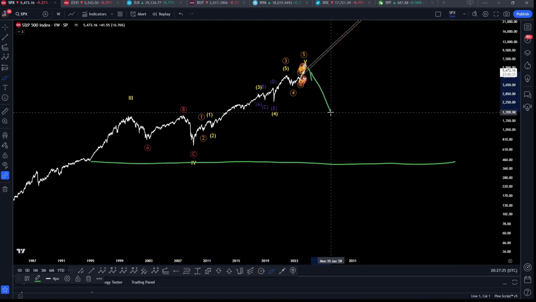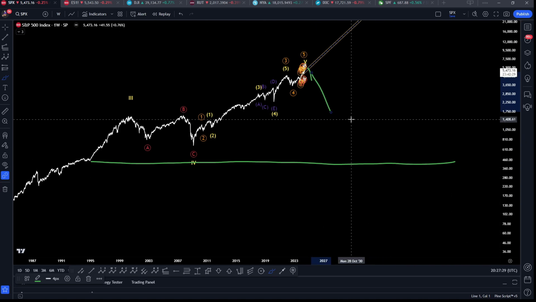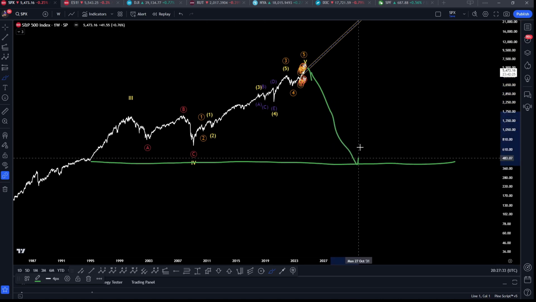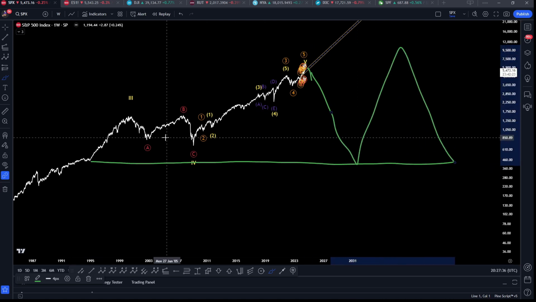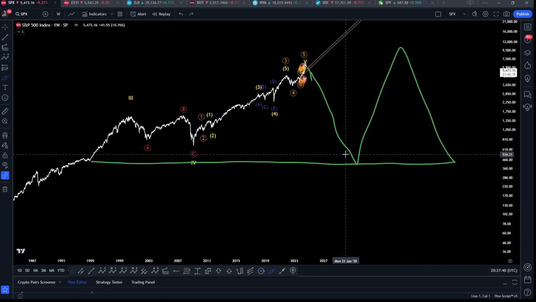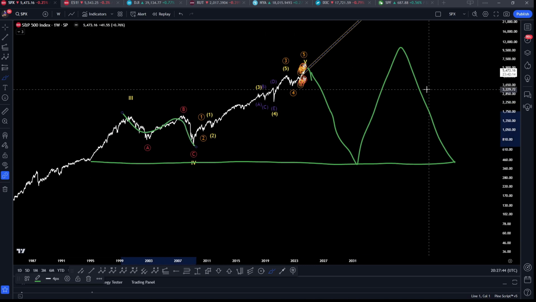I don't know if it's a flat or whatever. You have to count it out. You have to see and analyze as you go forward. But even if it was a flat, let's say you get an A wave, a B wave, a C wave, something like this, you can repeat this. Don't say it can't happen. It can. You could repeat this same pattern on a bigger scale.